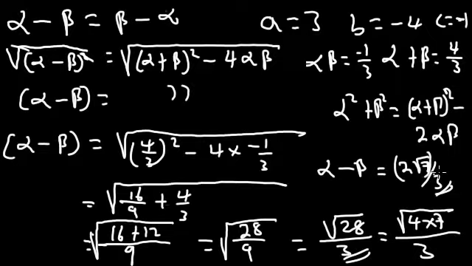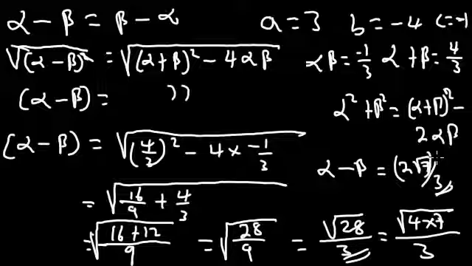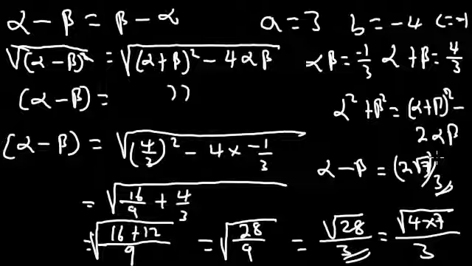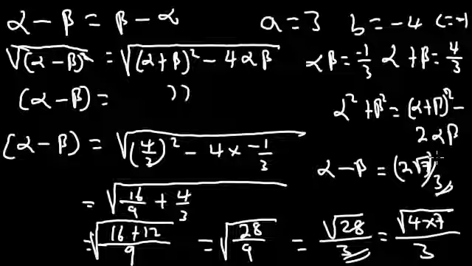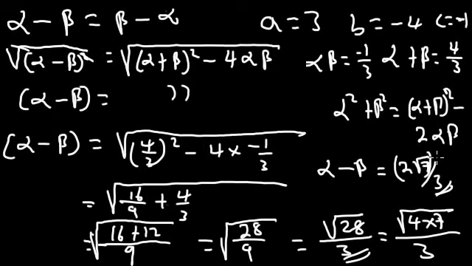Regardless of how you write this, the 3 is affecting the 2 and 7. And that is the solution to alpha minus beta. This is how to easily solve for any other relation in terms of alpha and beta using alpha beta and alpha plus beta.